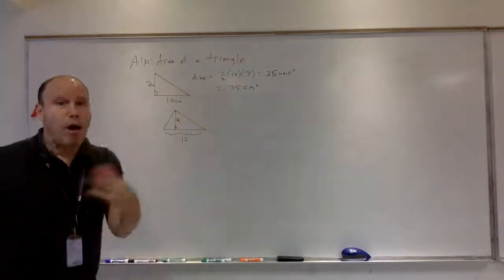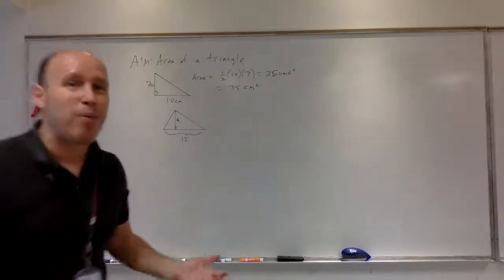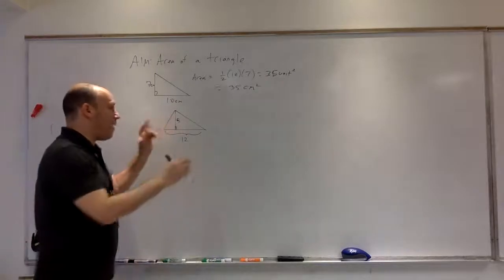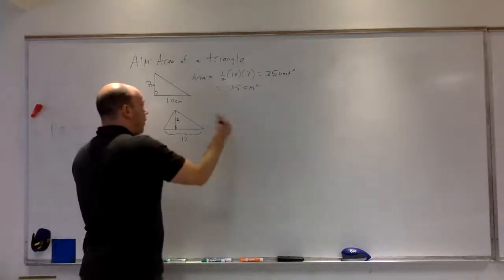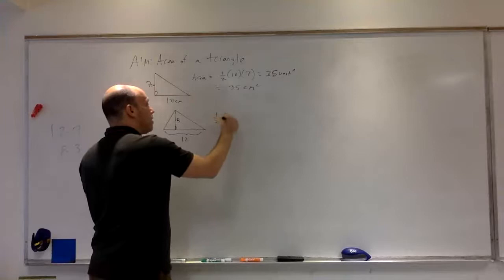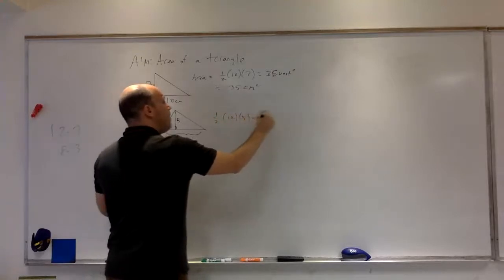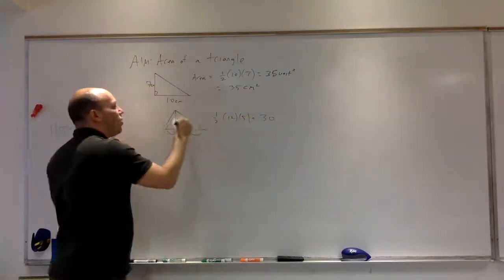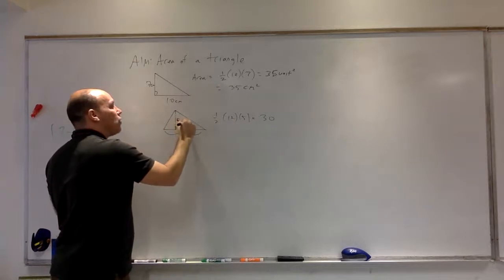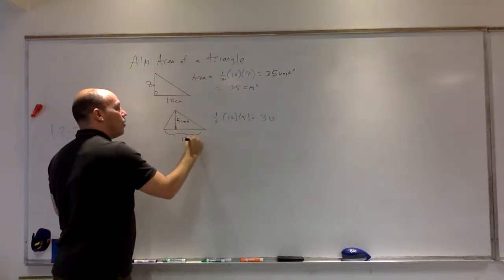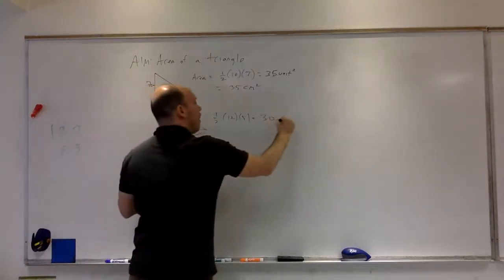You say, okay, I can still find the area of this triangle because I know the height. So 1/2 the base times the height, and this is 30. Let's pick a unit. How about inches? And so it's inches squared.